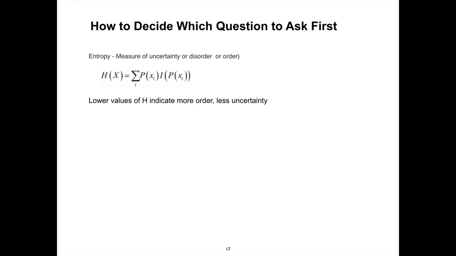So then we come across this idea of entropy, which presumably you've seen in your career someplace before. We can think of entropy as a measure of uncertainty or disorder. But if it's a measure of disorder, it's also a measure of order, right? Going one way it's disorder, going the other way is order.